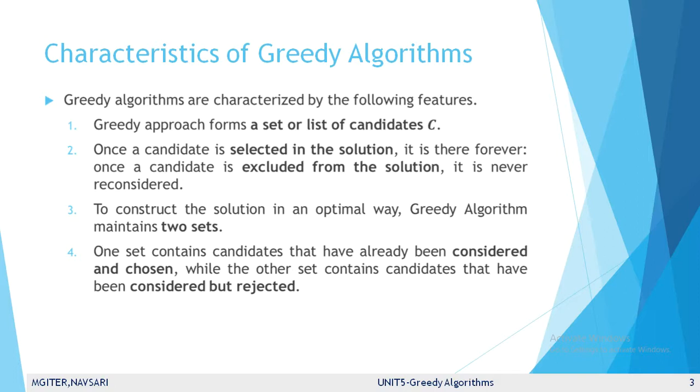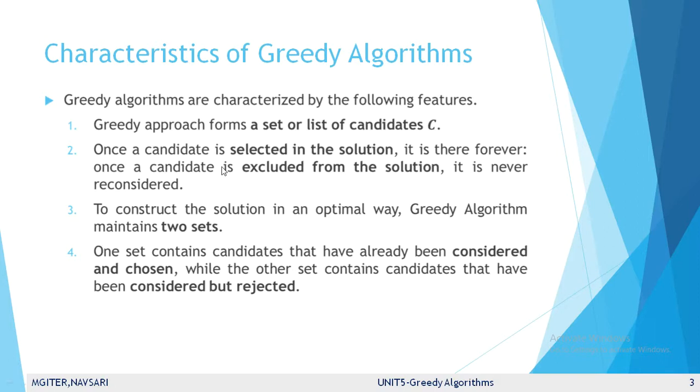Second, optimal means that among all the feasible solutions, the best solution is chosen. Irrevocable means once a particular choice is made, it should not change in subsequent stages. These three properties are used at each step: feasible, optimal, and irrevocable.